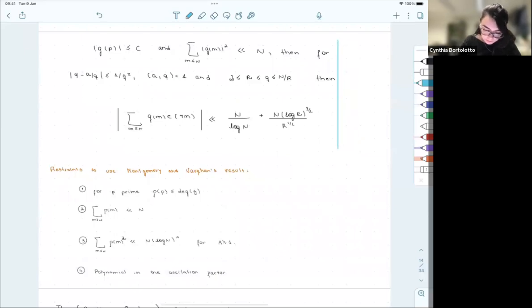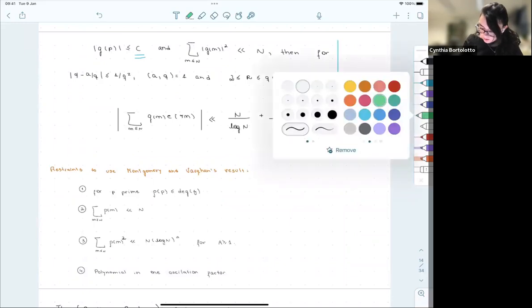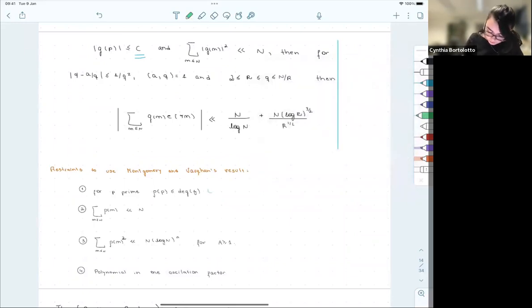The first thing that we should check is, for the function that counts the number of roots mod n of a reducible polynomial, when we evaluate it at a prime, is it bounded by a constant for every prime? This is true in our case, because we know it is always going to be bounded by the degree of the polynomial.